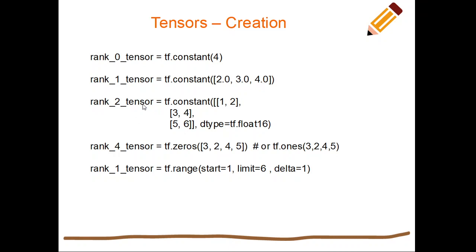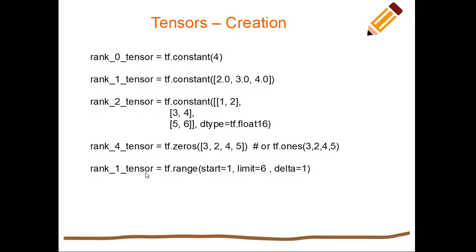A matrix or a two-dimensional tensor we can create using a list of lists, so 1, 2, 3, 4, 5, 6, and we can also define the data types. Now a rank 4 tensor, so we are initializing a 4-dimensional tensor, and these are the dimensions, 3 into 2 into 4 into 5. We can use tf.ones also or tf.zeros.